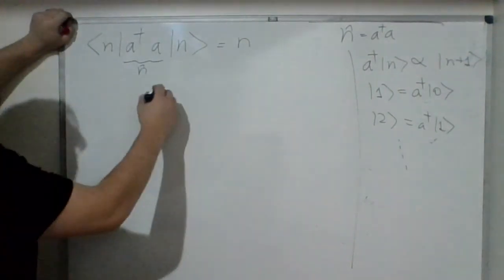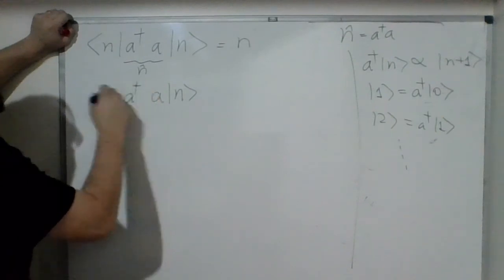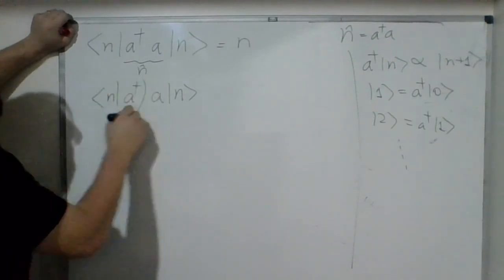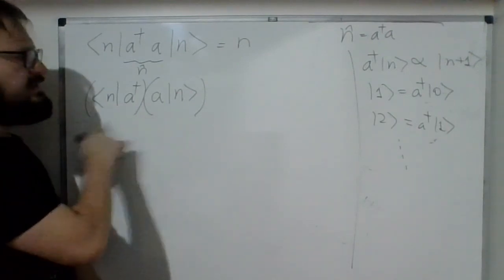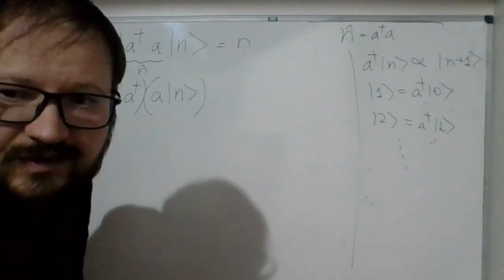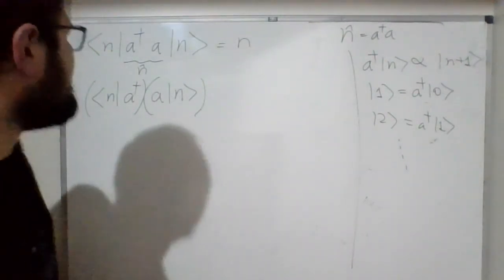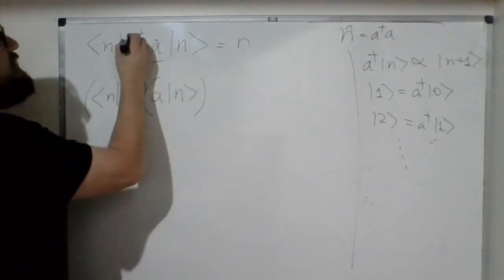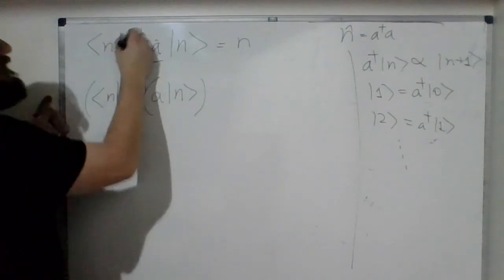But now, since matrices can be associated, this is a matrix operator, this is a matrix operator, this is a vector, which is an eigenvector of this product.